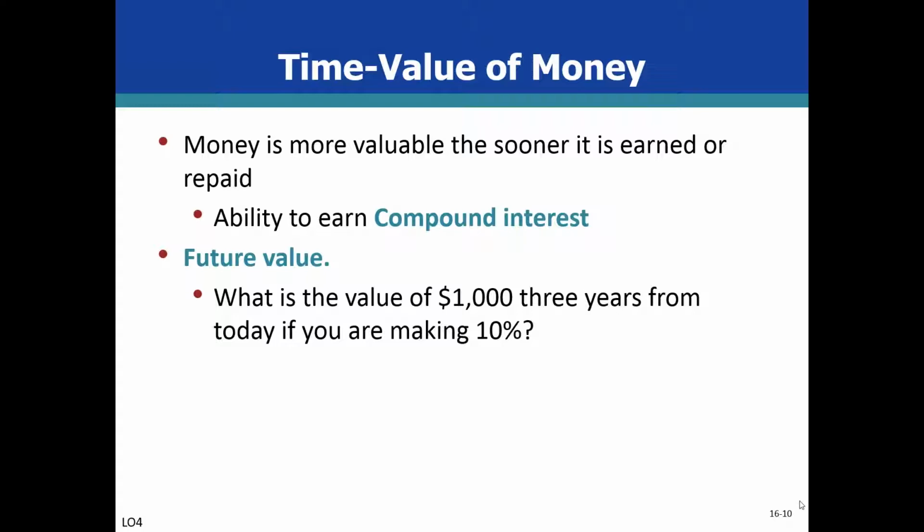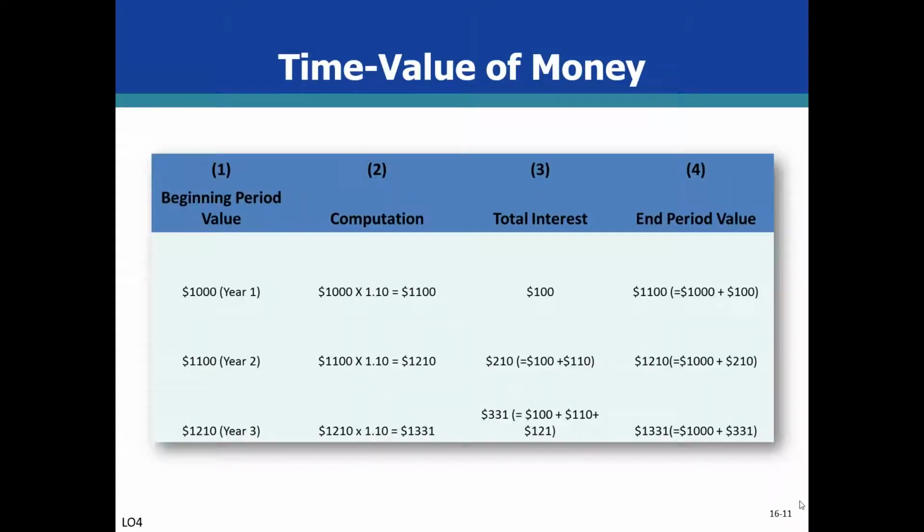What's the value of $1,000 in 3 years if we're earning 10% and reinvesting it over a 3-year period? Let's review that on the next slide. Assume $1,000 in a savings account at 10% in year 1. At the end of the year, the amount has accumulated to $1,100.